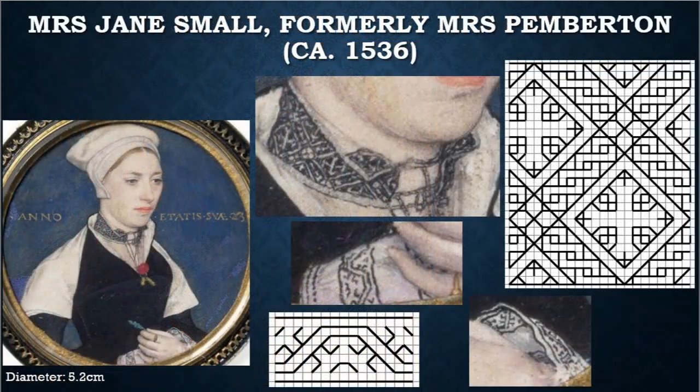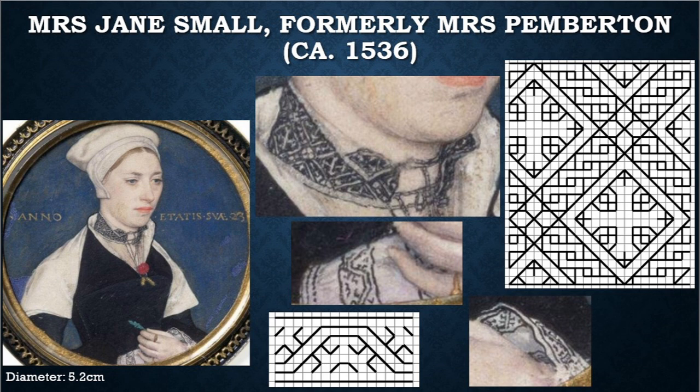This is Mrs. Jane Small, formerly Mrs. Pemberton, and this is from about 1536, and here I have recreated the pattern on both her collar as well as on her cuffs. And if you look closely on her cuffs, I have two pictures here, because Holbein has been able to show that it is reversible.